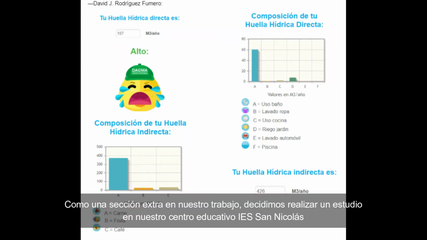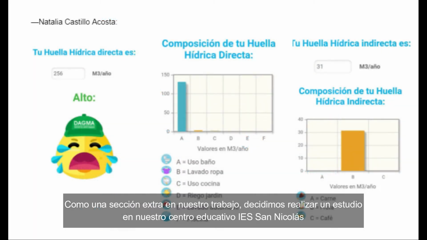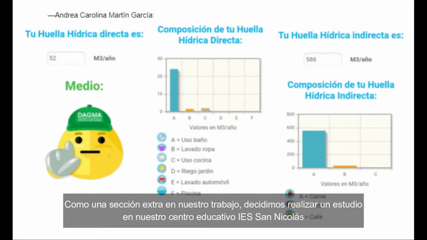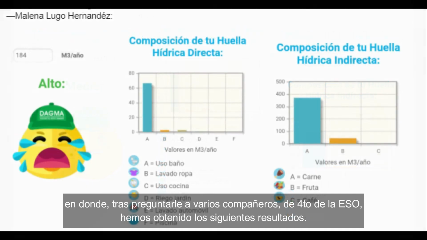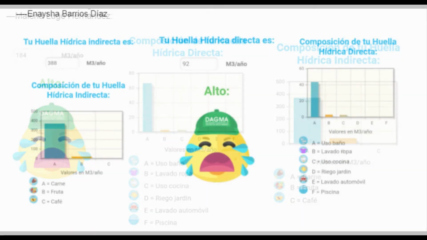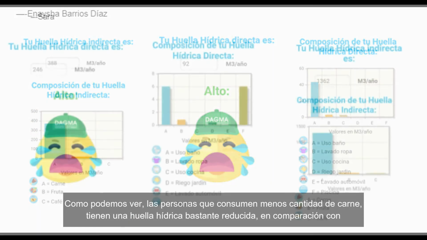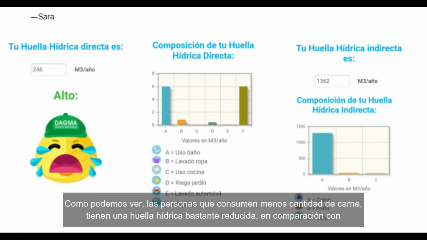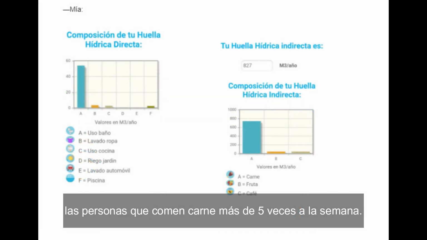As an extra section for this work, we wanted to carry out a study in our educational center, IES San Nicolás, where after asking various classmates from 4th ESO, we have obtained the following statistics. As we can see, the people who consume less quantity of meat have a much more reduced water footprint than the people who tend to eat meat more than 5 times a week.